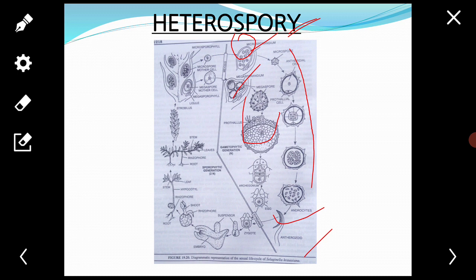Similarly, the viable megaspores inherit the mitochondria and plastids from the mother cells, whereas the non-viable megaspore mother cells do not.